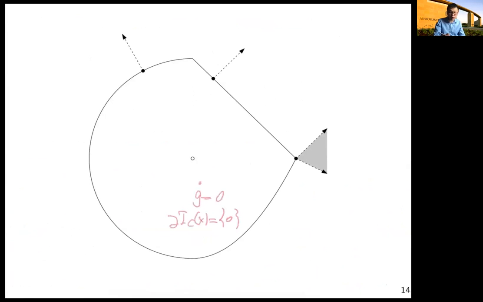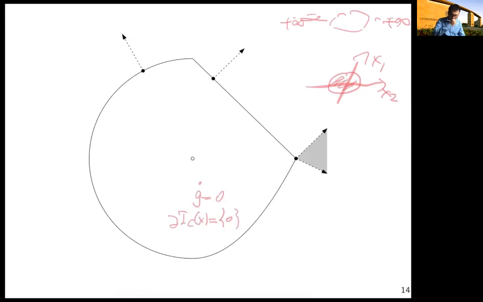This is intuitive because the indicator function, say in 2D with x1 and x2, looks like the following. You have 0 here, and suddenly outside this region, everything else is positive infinity.